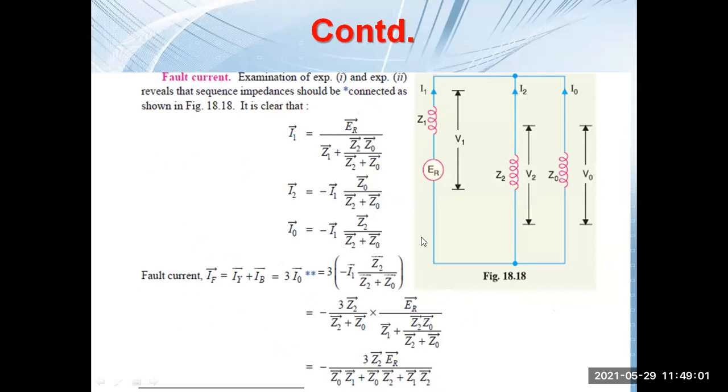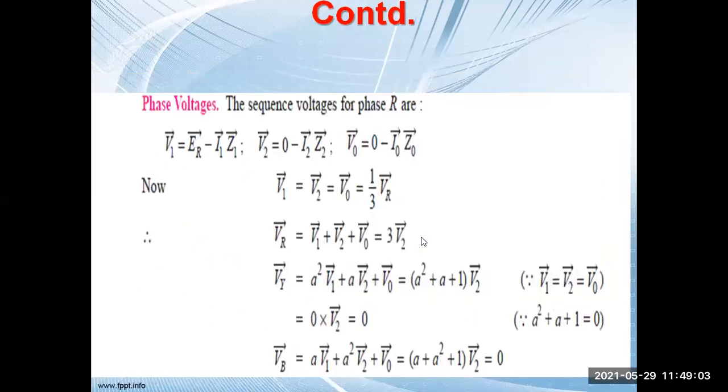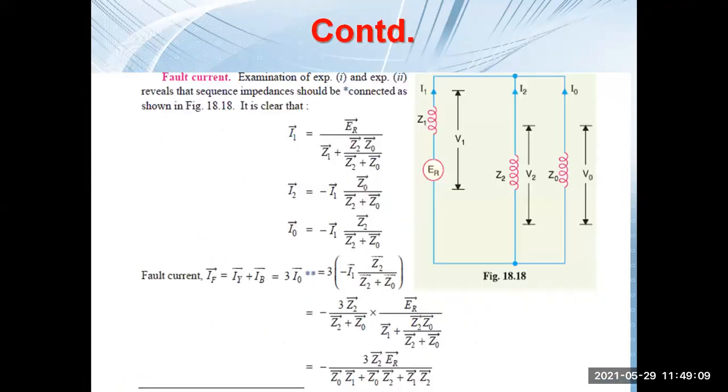Yes. Okay, fine. Now we are going to calculate the value of phase voltages. How to calculate the phase voltages? So V1 equal to ER minus I1 into Z1. V2 will be equal to minus I2 into Z2 and V0 equal to minus I0 Z0.